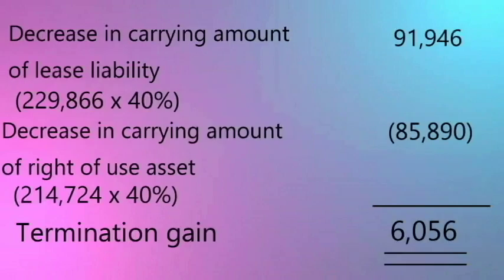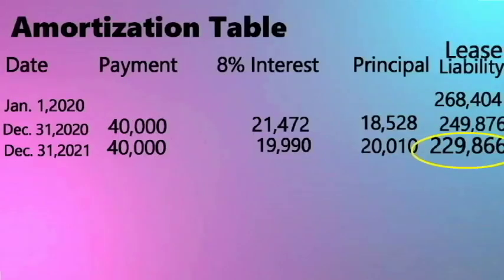So, 40% yung na-reduce sa scope of the lease. Kung nakuha na natin yun, i-identify na natin yung lease liability dito at saka yung carrying amount. So, sa decrease in carrying amount of lease liability, from the table of amortization, naka-record yung mga lease liability or yung present value ng lease liability natin. Pero, kukunin natin yung lease liability bago magkaroon ng changes, which is nung December 31, 2021 yung last.